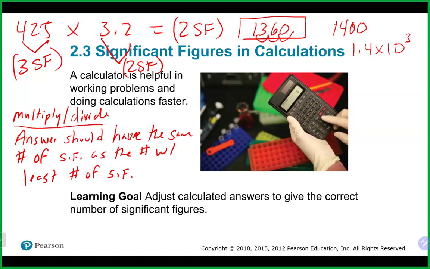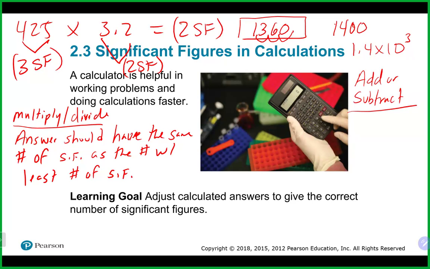Now, it works the same way, like I said before, if you divide or multiply. The other common calculation that we do is add or subtract. And if you add or if you subtract, you are actually not looking at significant figures. You're actually looking at decimal places.